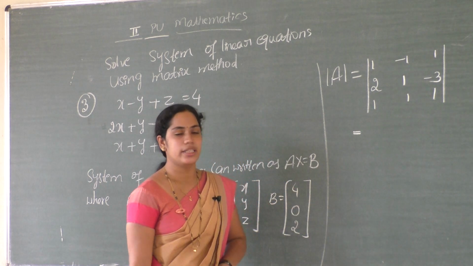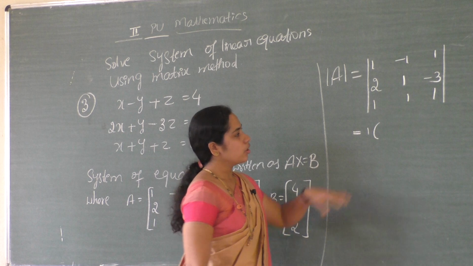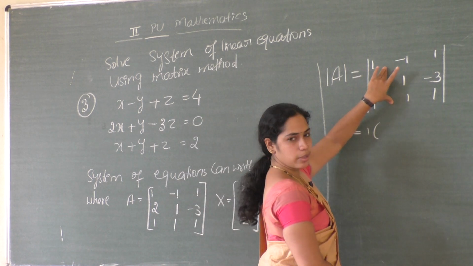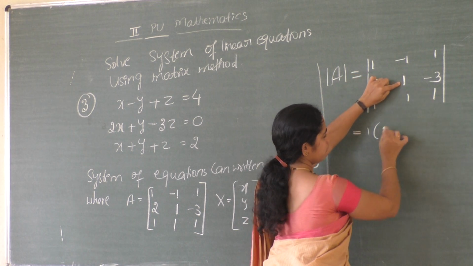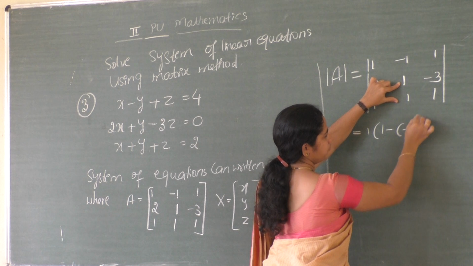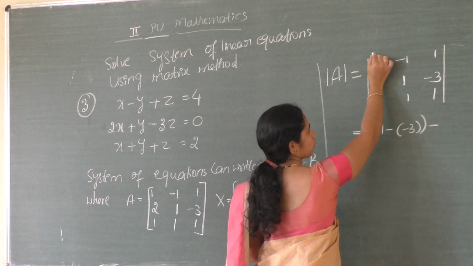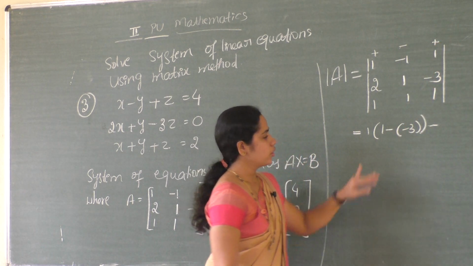You already know how to find the determinant. 1 into, delete first row and first column: 1, -3, 1, 1. Along the first row the signs are positive, negative, positive.